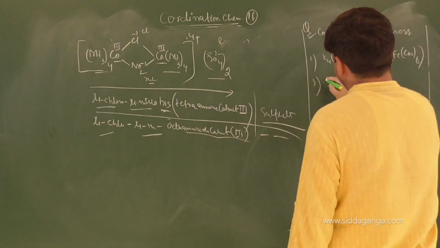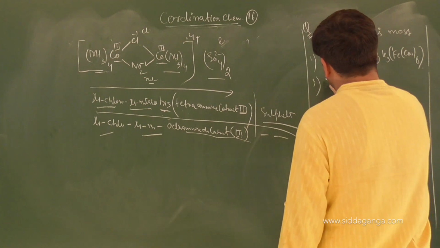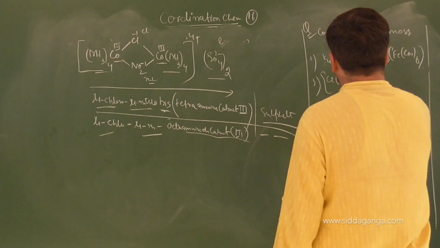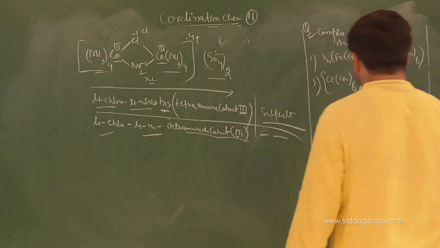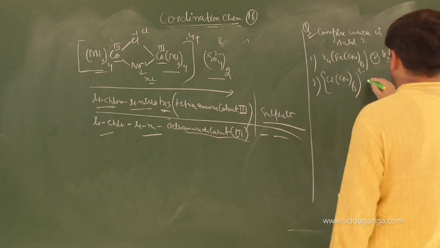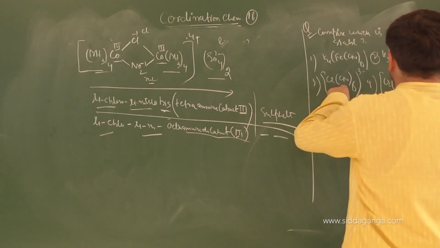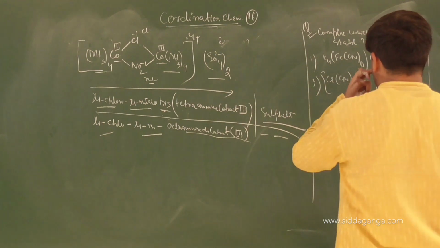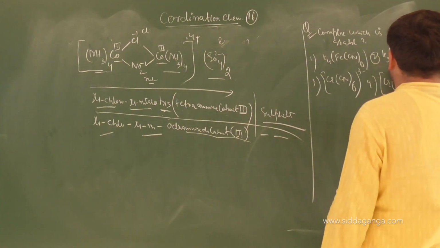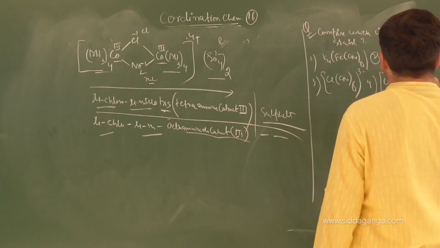Third one, Cr CN6 3 minus, and fourth one, Cr Cl6 or Cr H2O6 3 plus.